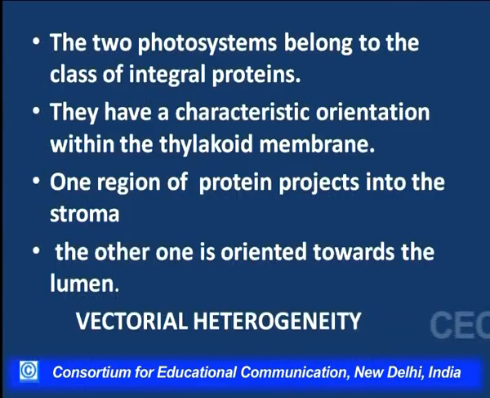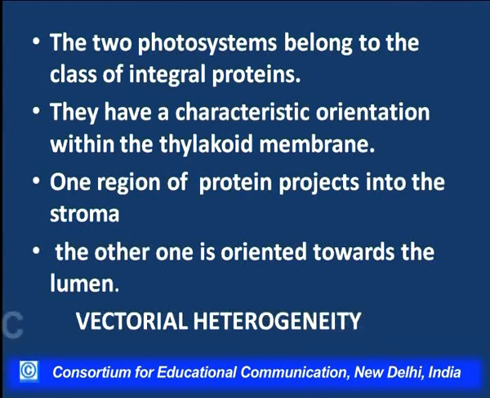Once they are embedded and they are integral proteins, they must have a characteristic orientation also within the thylakoid membrane. So that means one of these ends needs to be projecting either into the stroma or towards the lumen.